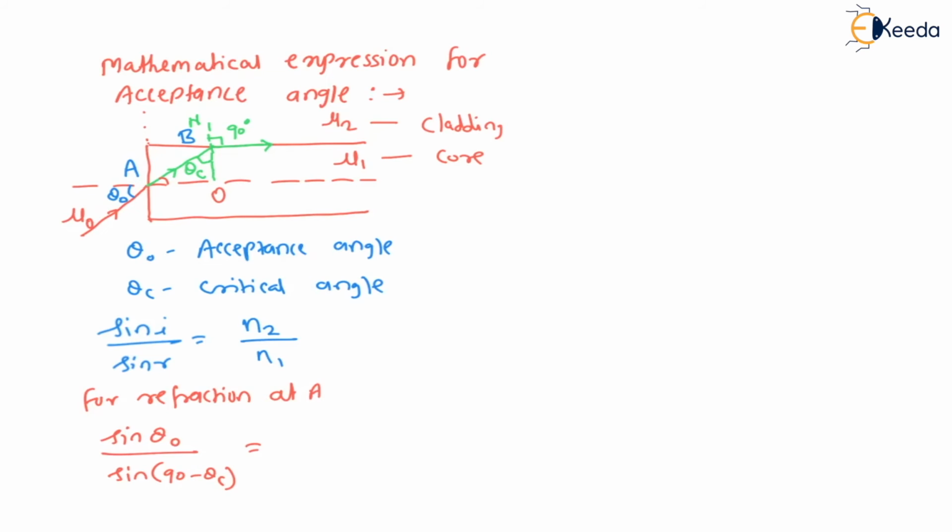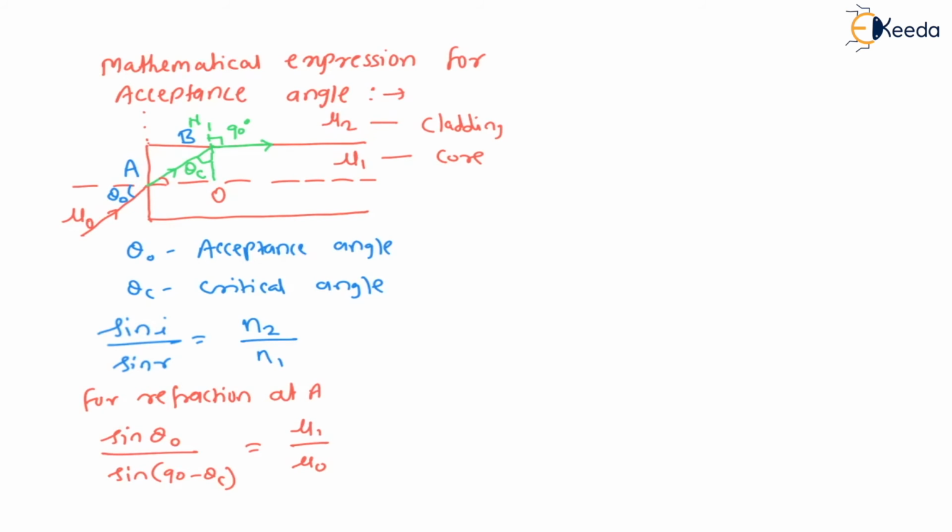So just make it n2 upon n1. Again, n2 is the refractive index of the second medium, and n1 is that of the first medium. For this particular first refraction at A, the second medium is the core and the first medium is the outer medium. So here we can write the second medium, that is mu 1, upon mu naught.